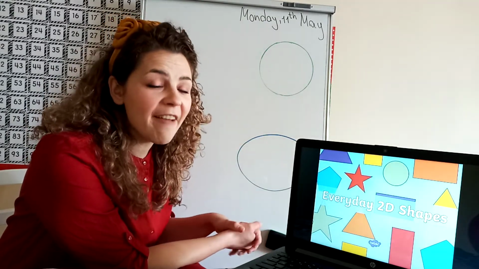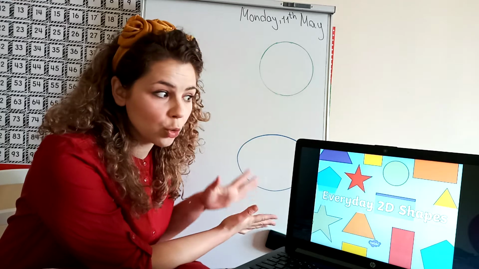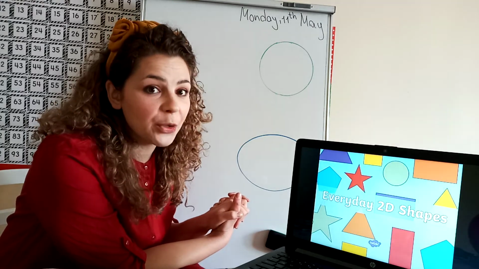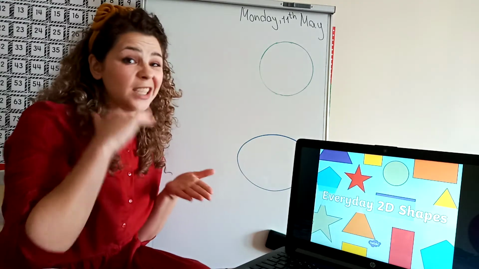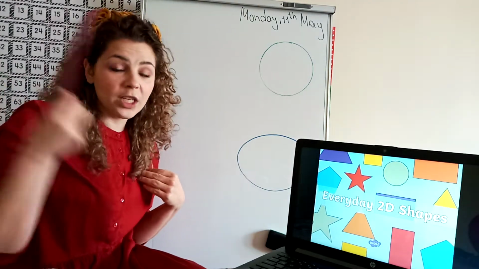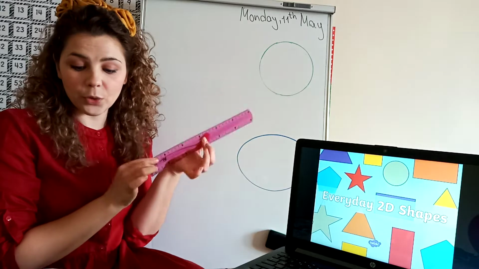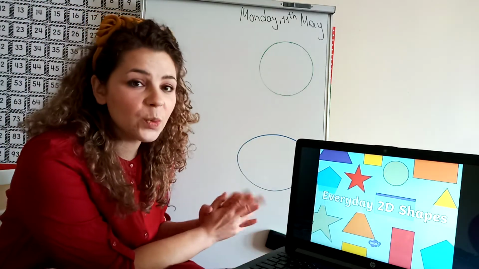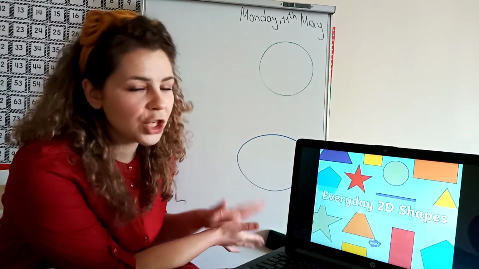The reason why I haven't done it yet is because I want to show you how I'm going to do that, because the remaining 3 shapes all have straight sides, and I wanted to use my ruler to do it properly.